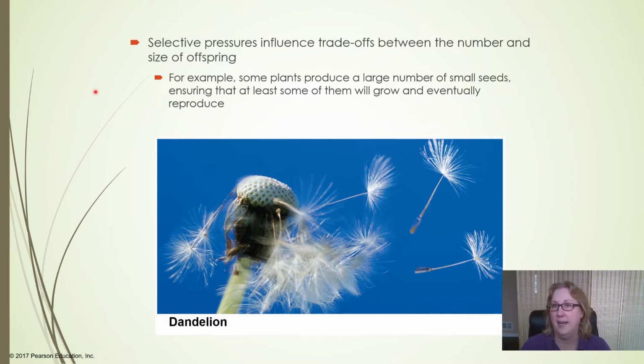Plants can also be R-selected or K-selected. So, for example, dandelions are R-selected. They produce huge numbers of tiny seeds, so poor nutrient provision of their offspring. The seeds are quite small. They also disperse very easily.